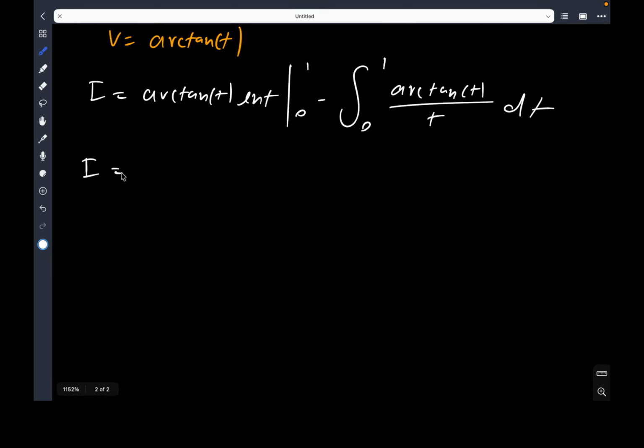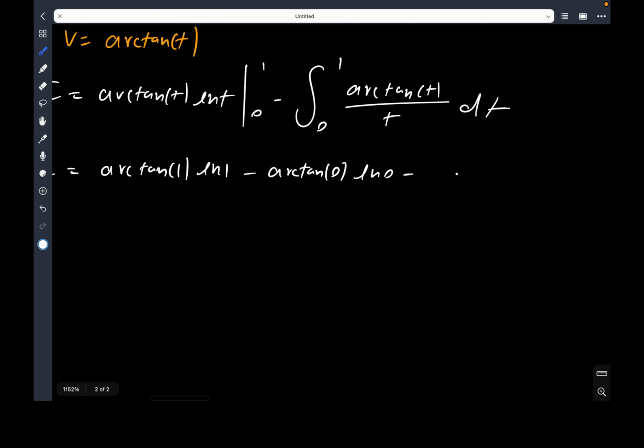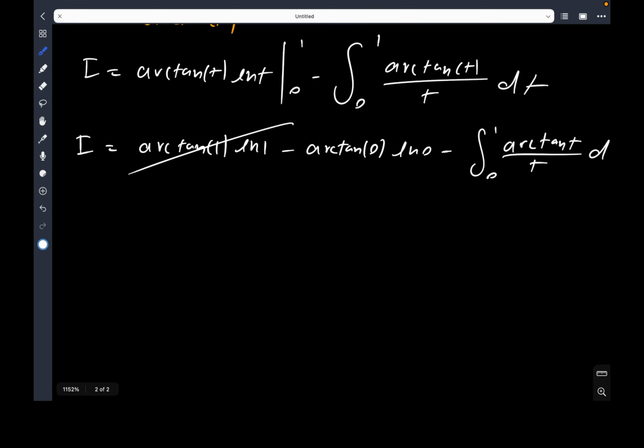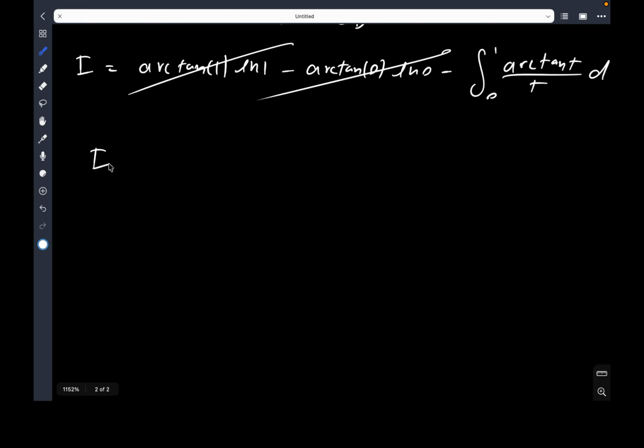And if I apply the boundaries here, I'm going to get arc tan of 1 ln of 1 minus arc tan of 0 ln 0 minus the integral from 0 to 1 of arc tan of t over t dt, and ln of 1 is 0, arc tan of 0 is 0. Thus my integral I is just negative the integral from 0 to 1 of arc tan of t over t dt.